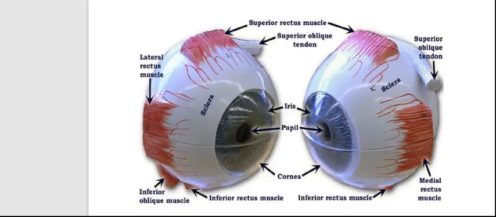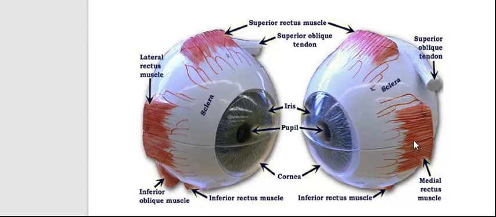Now we're going to learn some of the anatomical names of the parts of the eye. On the outside of your eye, you have a thick, tough sclera, which is what you and I would call the white of our eye. Attached to the sclera are 4 major muscles.